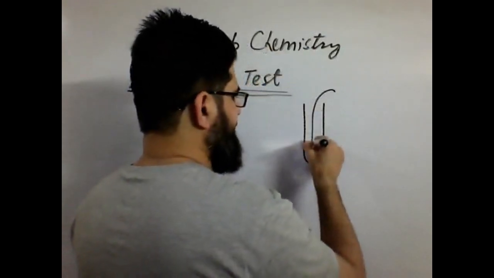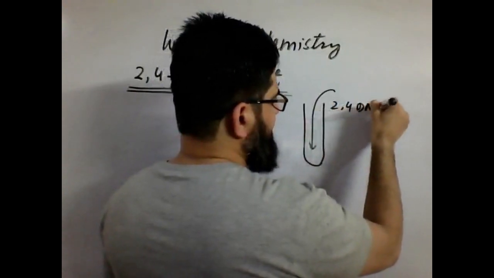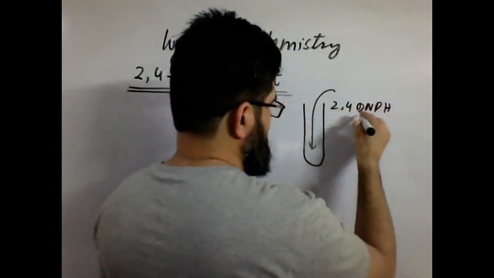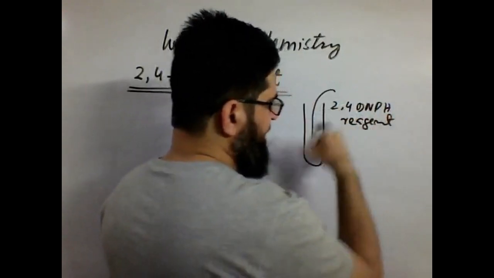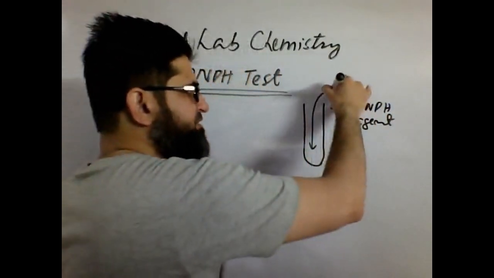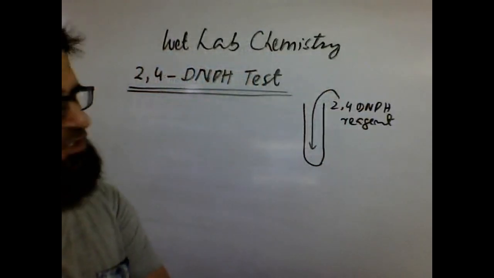you are supposed to start by pouring 2,4-DNPH reagent into the test tube. What is this 2,4-DNPH reagent actually?